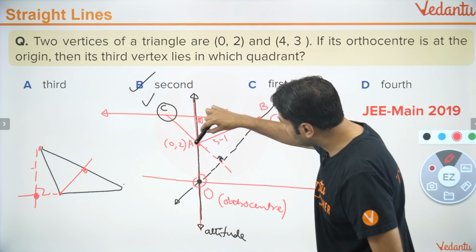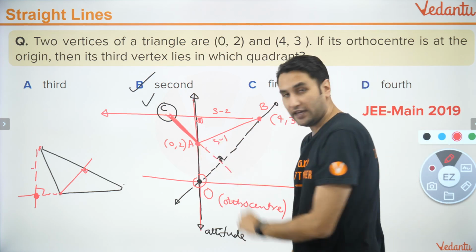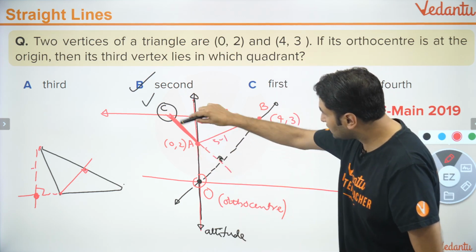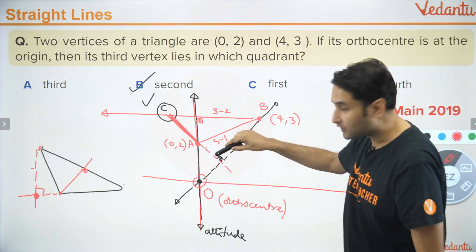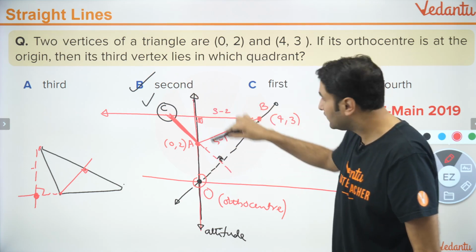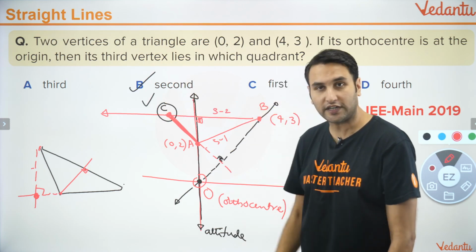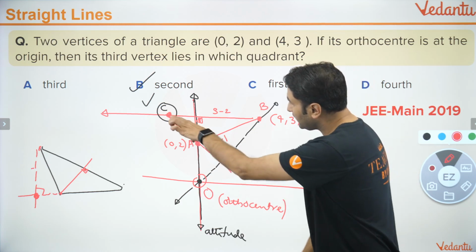So I was imagining a side from A such that it is perpendicular to this black line. क्या होगी वो line? ये line होगी. This is the line, right? So this line and this side they intersect here. This is the third vertex. So क्या हो गया?